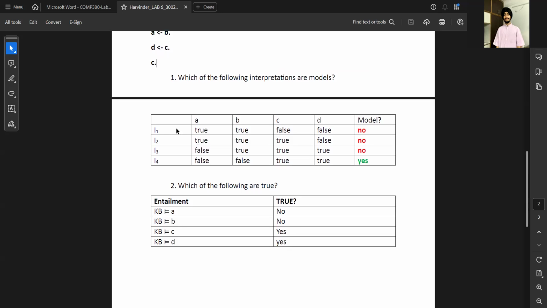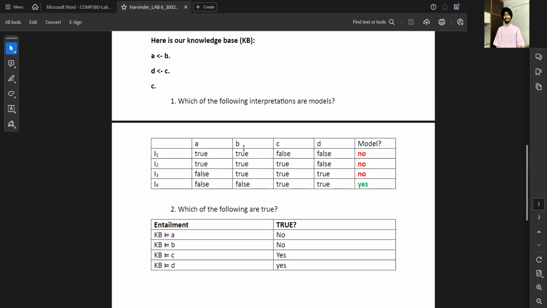In the first interpretation, I1, A is true, B is true, C is false, and D is false. If B is true, then A must be true, so this condition is satisfied. But in the case of C, C is false, but according to our knowledge base, C is always true.